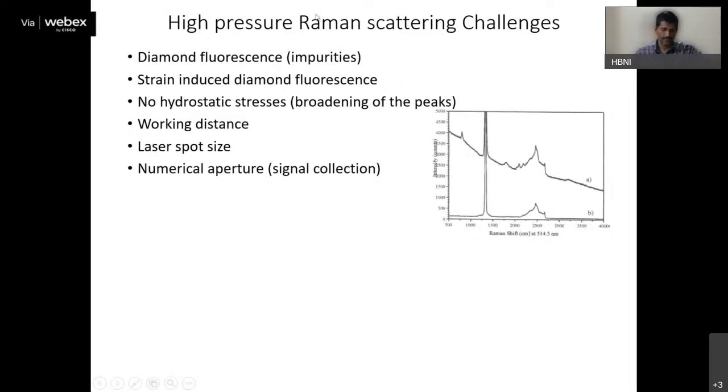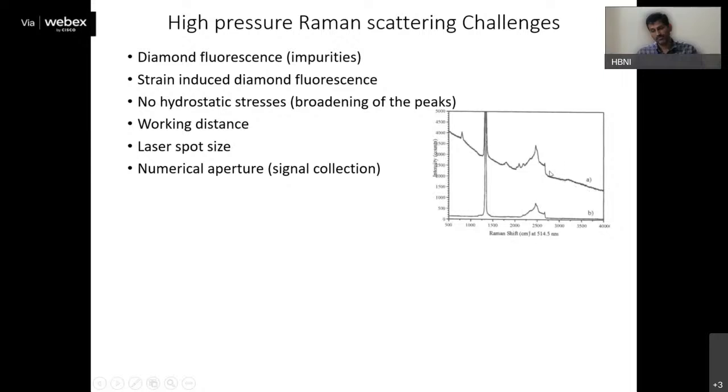Similar to the IR measurement, when you are doing Raman scattering measurement under high pressure, you have several challenges. One needs to use a diamond which is pure and doesn't have impurities. You can see in this graph there are two Raman spectra from a diamond.